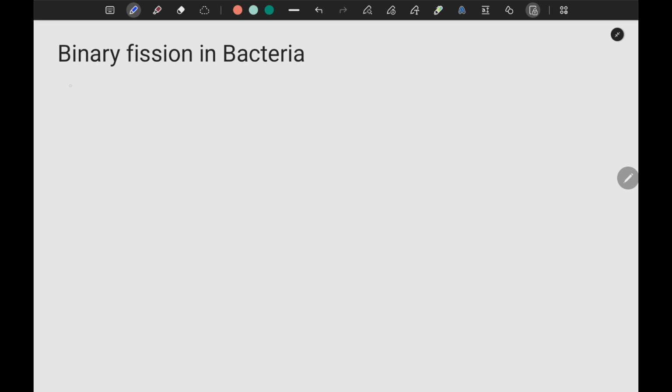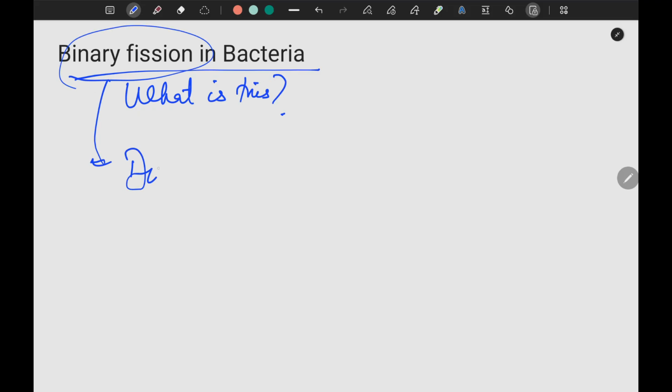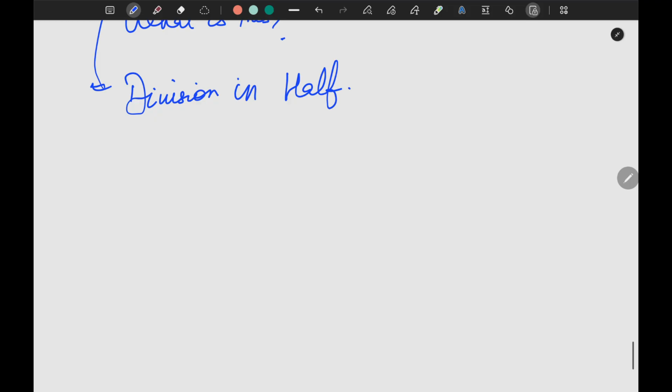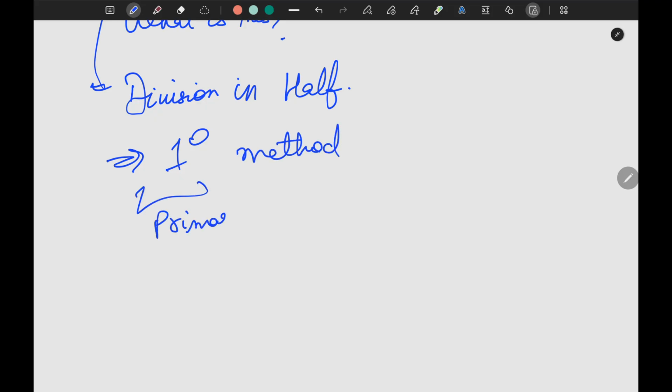Now we'll talk about binary fission in bacteria. So basically, what is binary fission? This literally means division in half. It is a primary method of reproduction in prokaryotes.